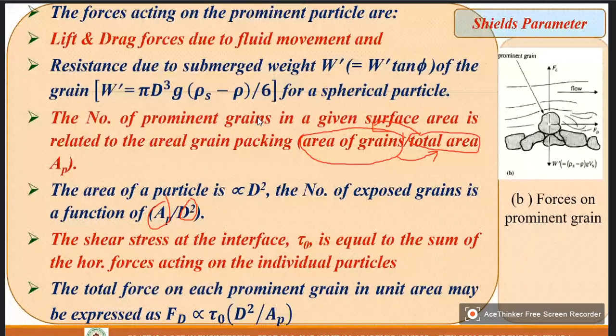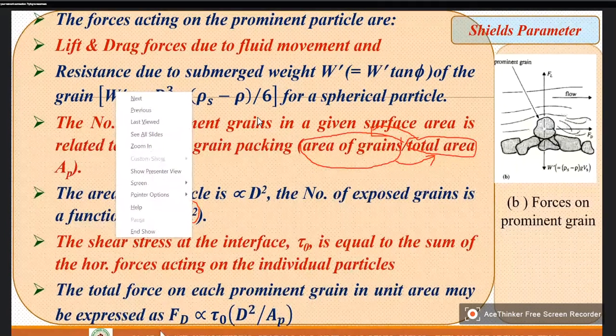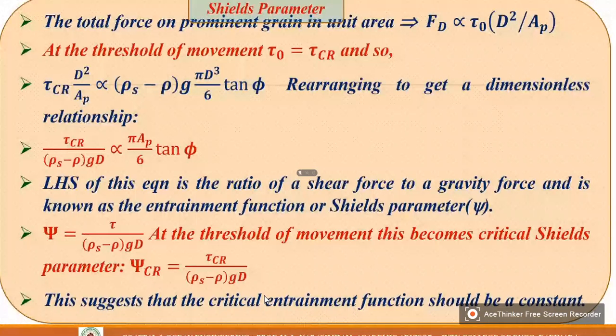The total force on each prominent grain in unit area may be expressed as F. So FD is proportional to tau naught A. So we have established that FD is proportional to tau naught into d square by AP.